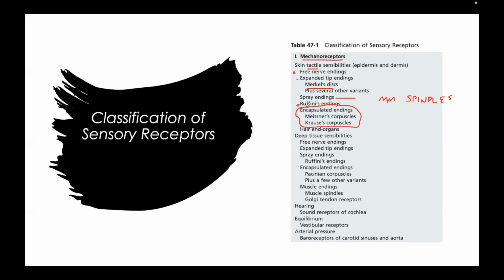So we have the Meissner's, then we have the cross. Then we have mechanoreceptors which are responsible for deep tissue sensibilities. This includes, again, the encapsulated nerve endings, the spray endings, and muscle as well as the Golgi tendon receptors.